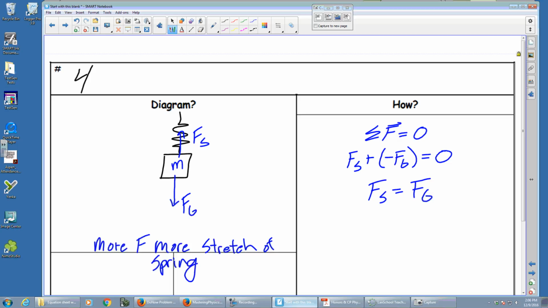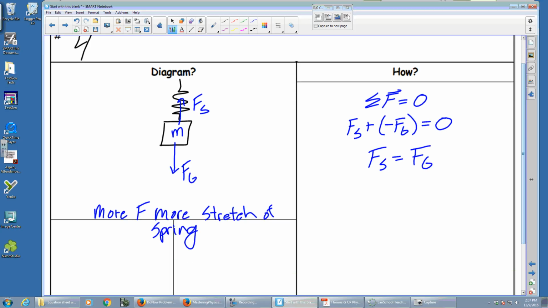And then I can look on my equation sheet. And I could grab things like, oh, the force of gravity, the weight is mg. The force of the spring is kx. So then I put those in. Kx equals mg. And what I'm looking for is x.